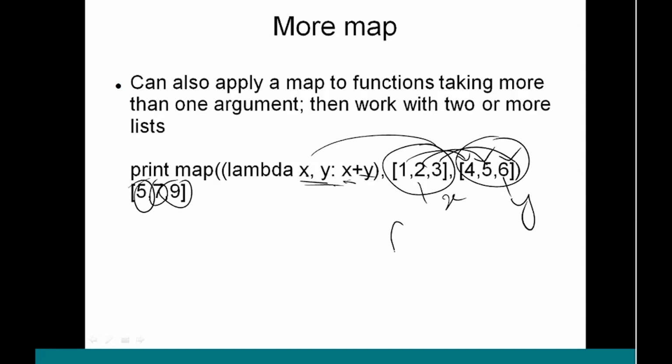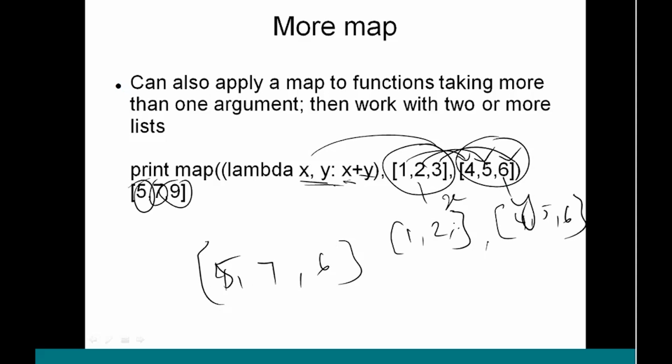Again here, if you omit one of them, say it's 1 comma 2 and then this is 4, 5, 6, then our answer will be 5, 7 and then 6, because the third argument is assumed as None. So it won't error out saying that they are two different size arguments, it will just generate this result.